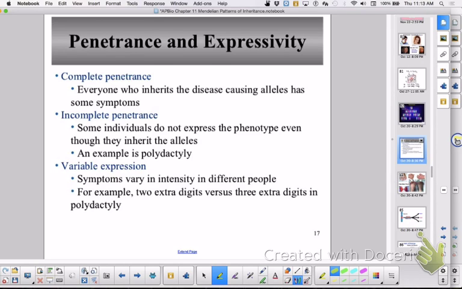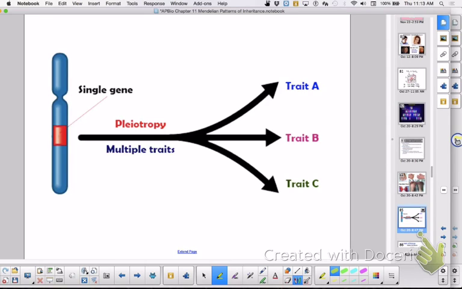Now our next exception to the rule is pleiotropy. This is when you have a single gene, but you have multiple traits as a result of that gene. For instance, you could have Down syndrome. Syndrome means it's a whole collection of things that are characteristics of somebody who has Down syndrome. They could have issues with their processing skills.